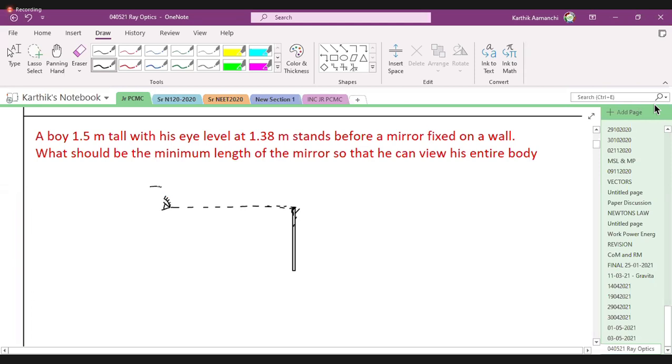Let me say this is the face of the boy. So he's standing in front of the mirror. From here to here, what is your distance? 0.12. Okay. Now, from here, let me say the boy stands. So basically, he'll go like this down somewhere, right? This is his foot. Correct? Yes, sir.